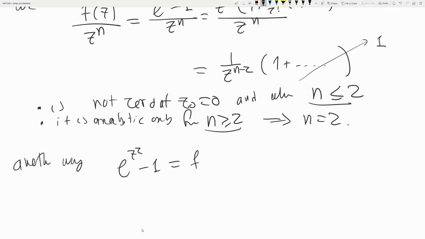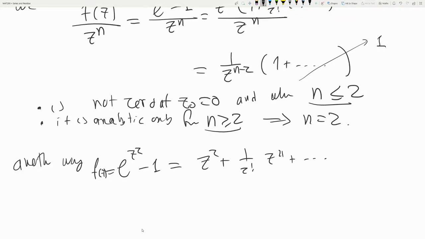So this is f, and the question is to find its Taylor expansion. We already wrote it above: z squared, z to the 4, and so on. This is a bit easier to see.